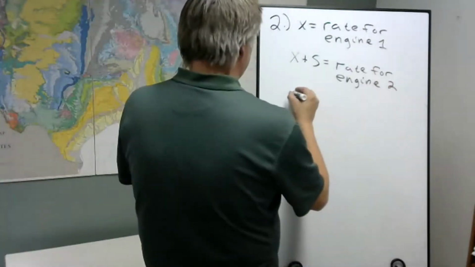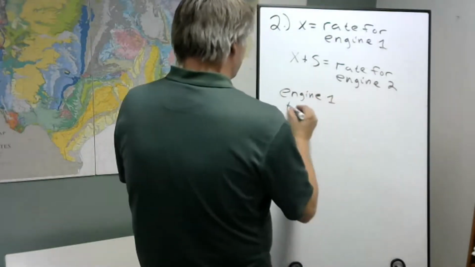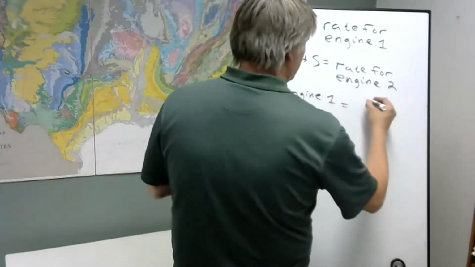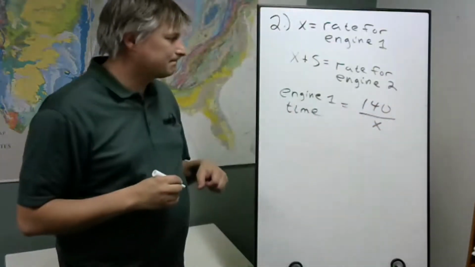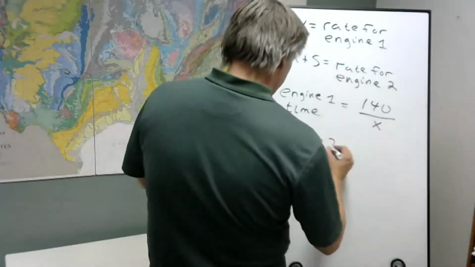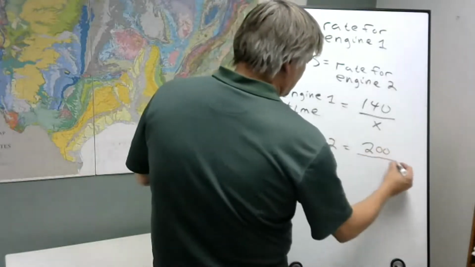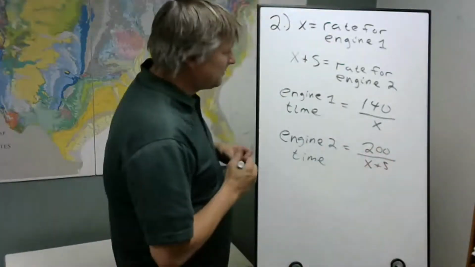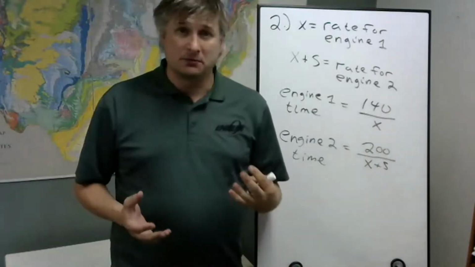The time for engine 1 will be the distance of engine 1, 140, divided by the rate for engine 1, x. And then the time for engine 2 will be the distance for engine 2, 200, divided by its rate, x plus 5. So now with these expressions sorted out, let's come up with an equation we can solve.